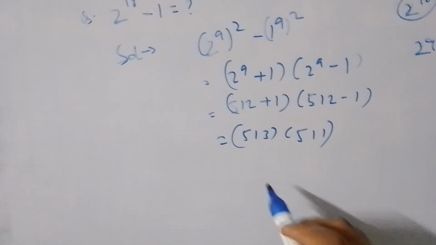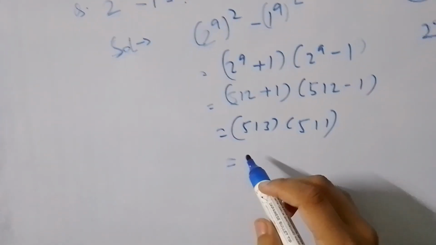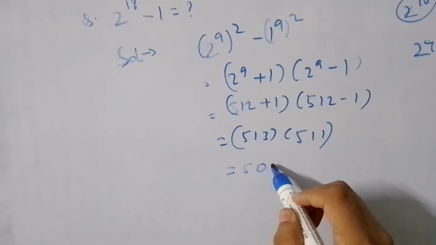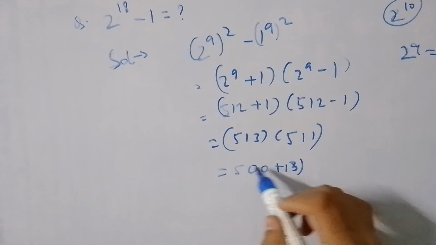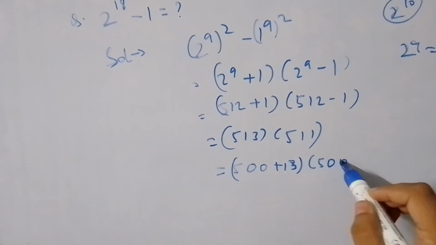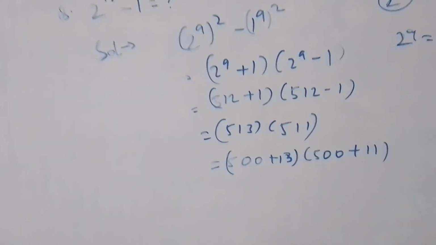Okay, but if you look at this in this way, you can write it like this, 500 plus 11, right?